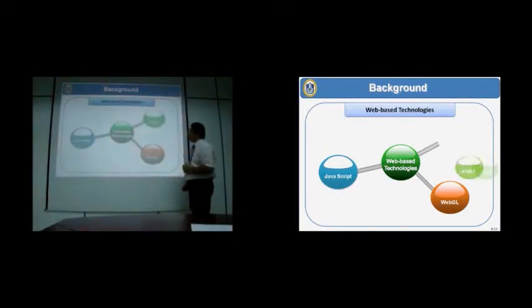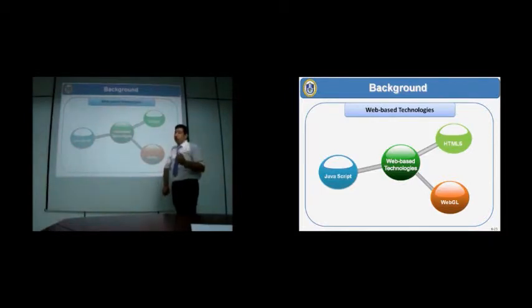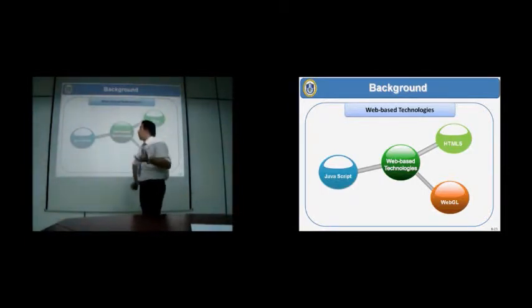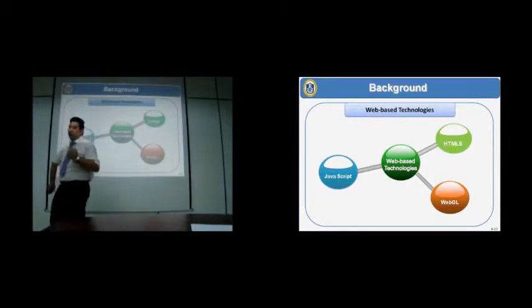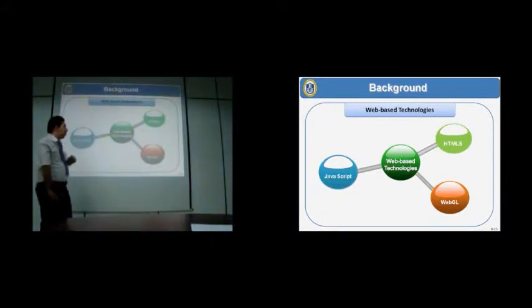And we have the new technology, which is HTML5. HTML5 is the most recent technology that's used to make a web application. HTML5 nowadays is compatible with all web browsers. We can run applications that are compatible with HTML5 on all mobiles or desktop or PCs.